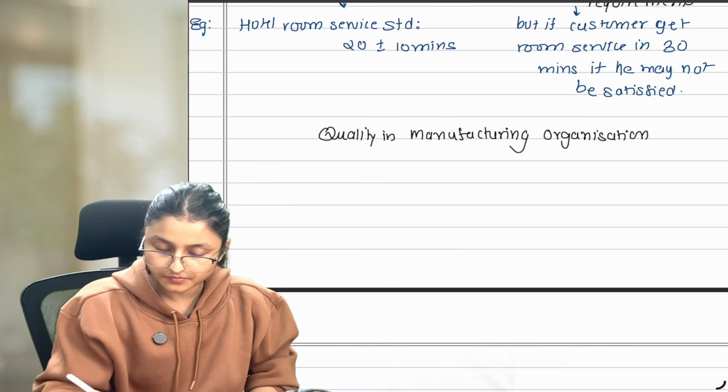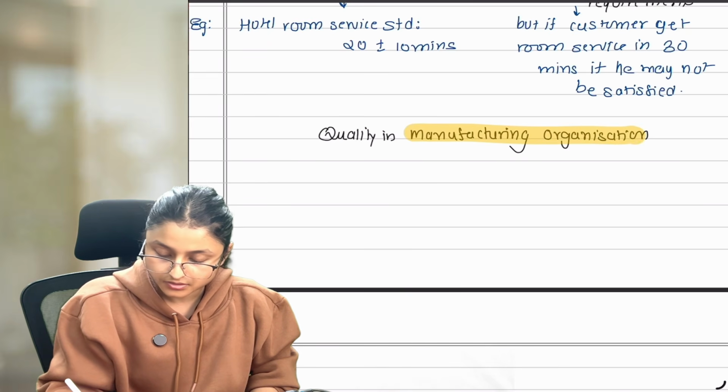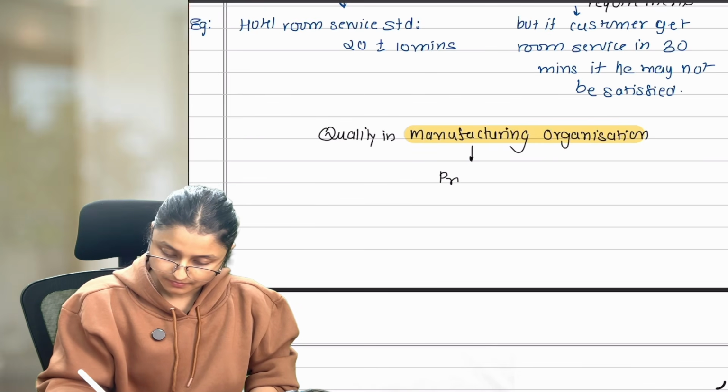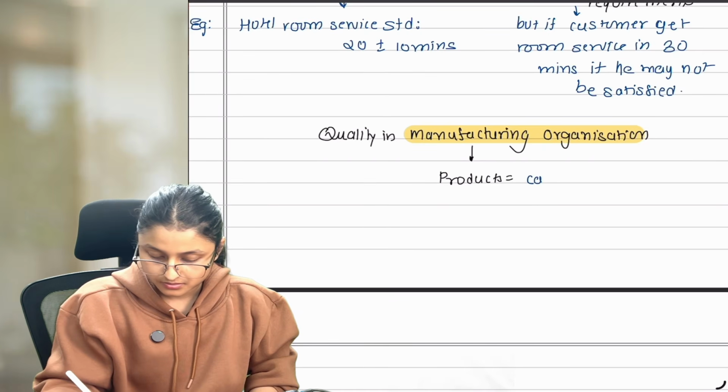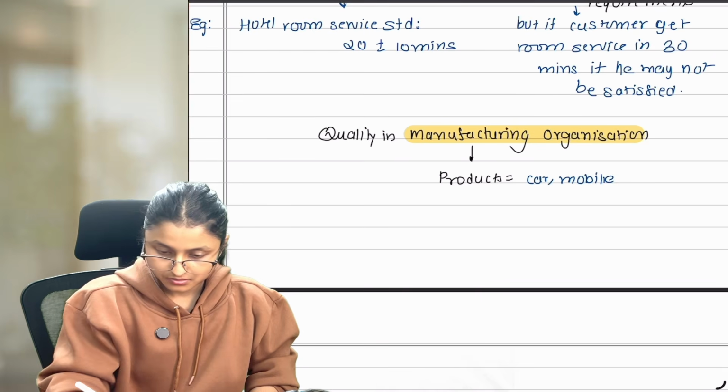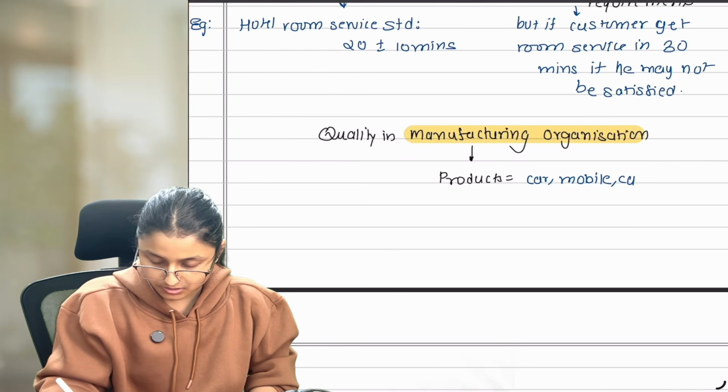A manufacturing organization is the one which is making products, right? Like car, mobile, calculators. These are just examples. There can be many other products here.